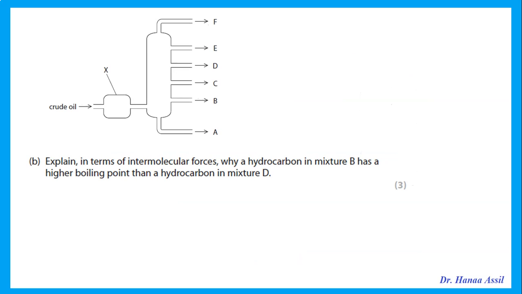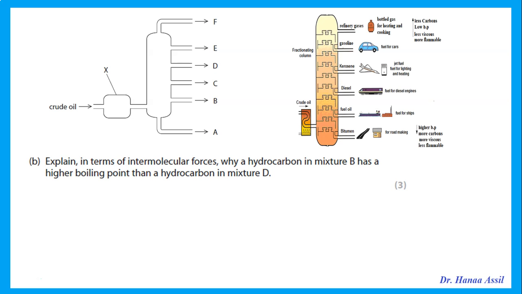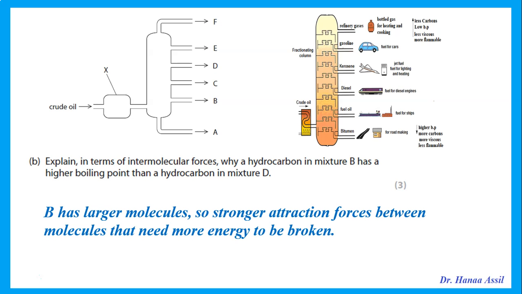Explain in terms of intermolecular forces why a hydrocarbon in B has a higher boiling point than a hydrocarbon in D. Remember, we said as we go down, they have more carbons, and that means larger molecules, and the larger molecules have higher boiling points.